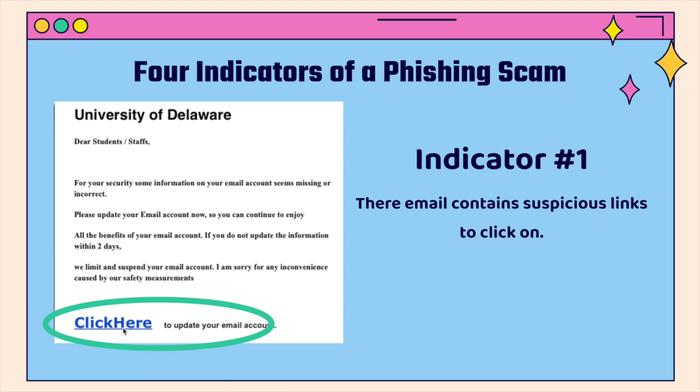It's going to take me to some website that isn't actually the University of Delaware, and it's going to make me type in information and share it with someone that is not the University of Delaware. So beware if you see suspicious links, especially if they try to get you to click on this link again and again and again in an email.